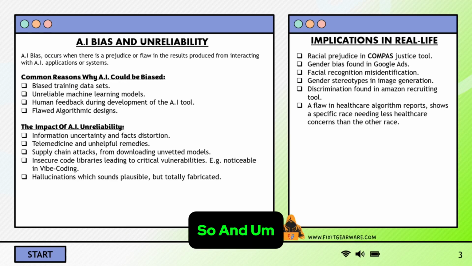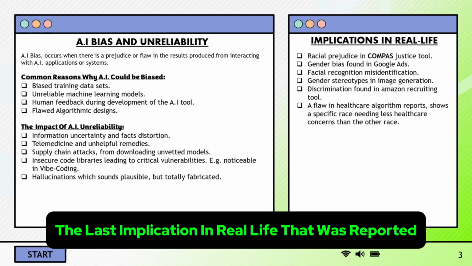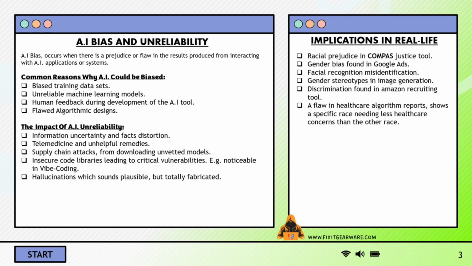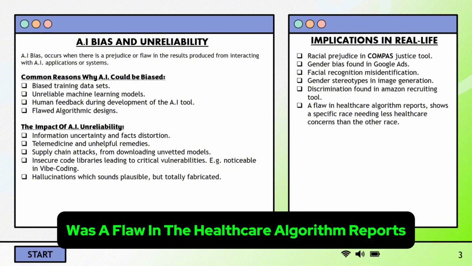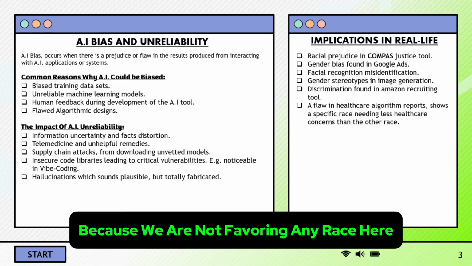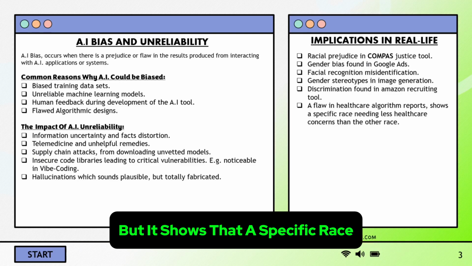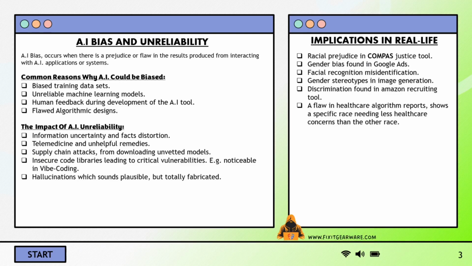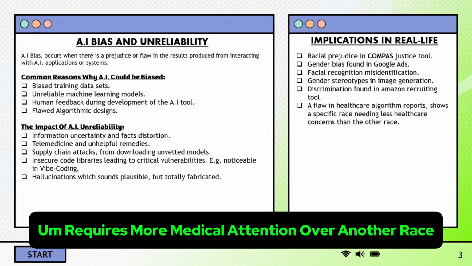And the last implication in real life that was reported was a flaw in a healthcare algorithm. The report shows that a specific race, and we are not going to mention the race because we are not favoring any race here, requires more medical attention over another race.